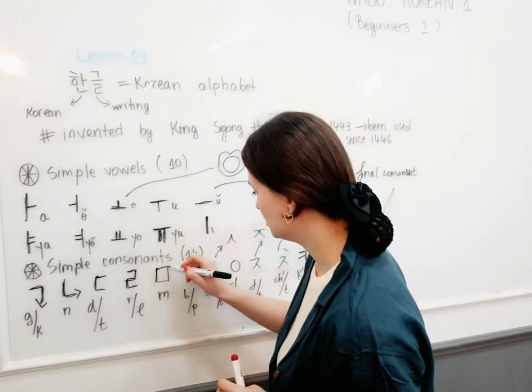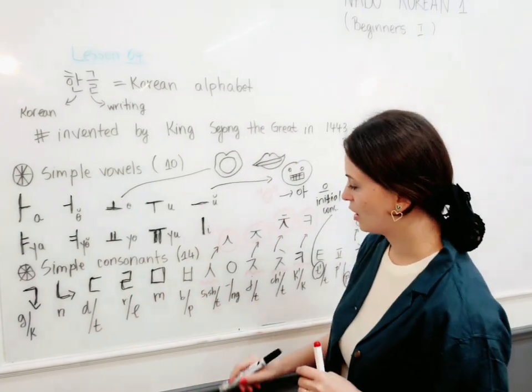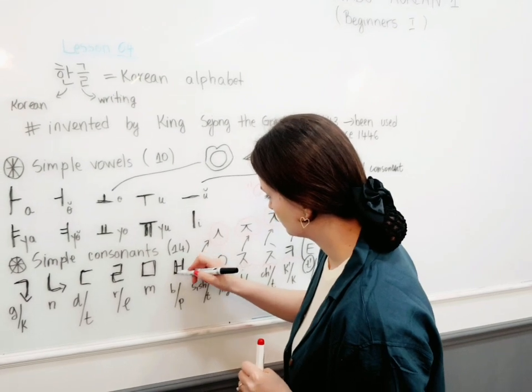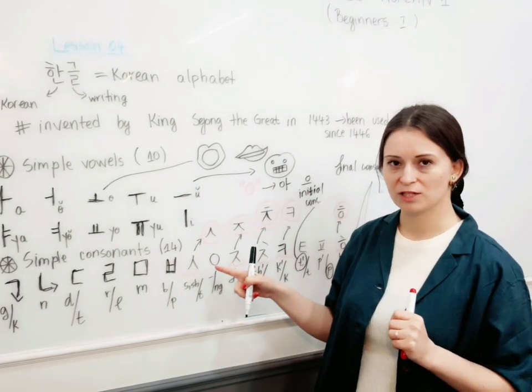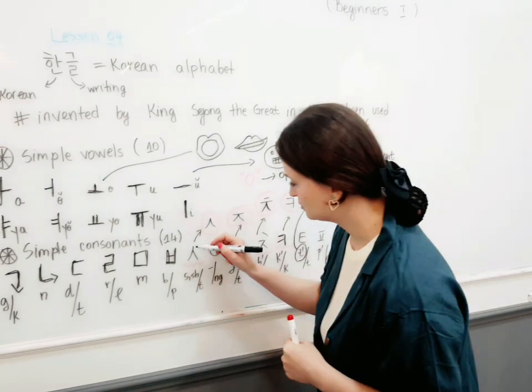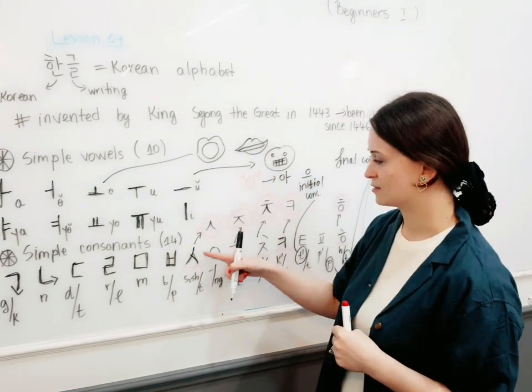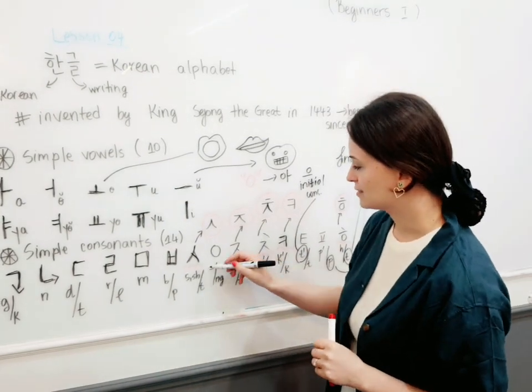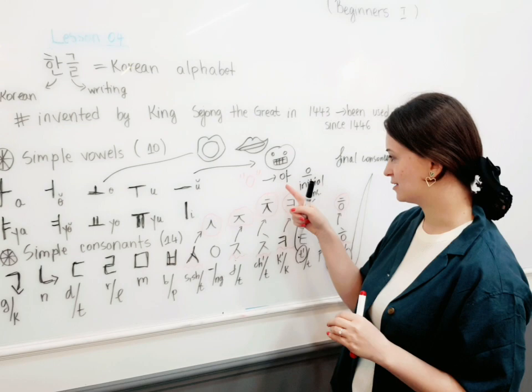And then M. M is all the time the same. This is B or P. Okay, this one, if it's in combination with E, has a sh sound. Otherwise, it's S and T. And you can see it has a different writing depending on the typing or the font. This one is mute at the beginning of the syllable, like this.